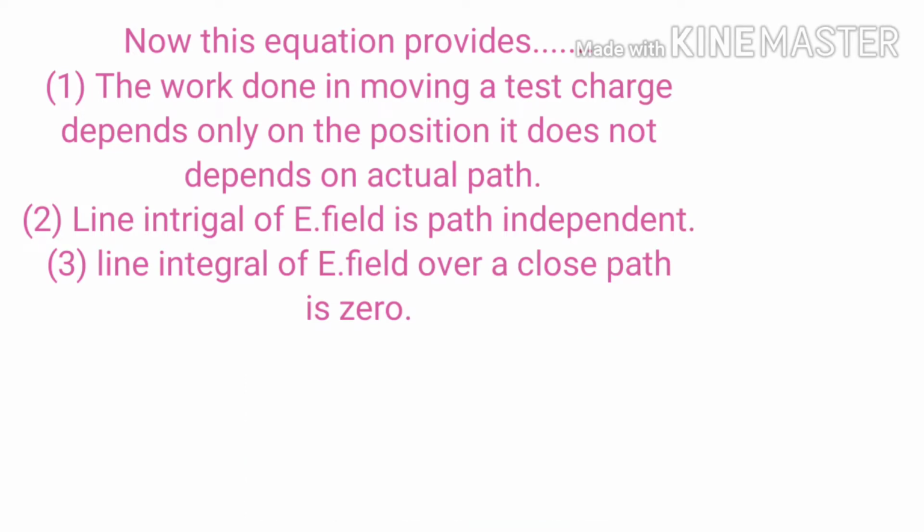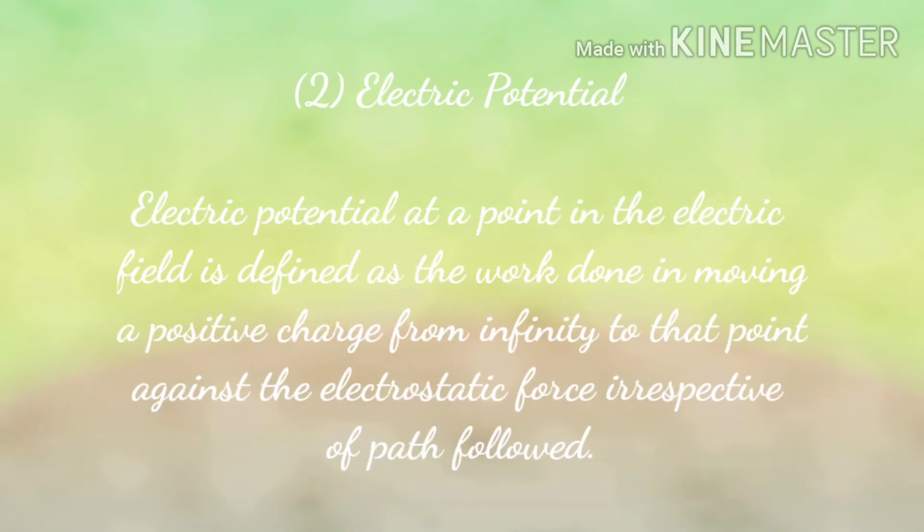Number 2, electric potential. Electric potential at a point in the electric field is defined as the work done in moving a unit positive charge from infinity to that point against the electrostatic force, irrespective of the path followed.